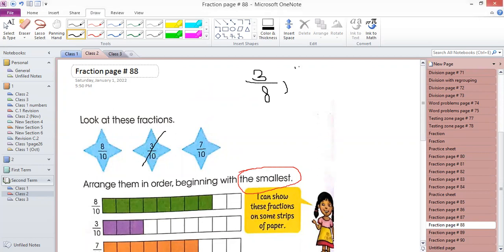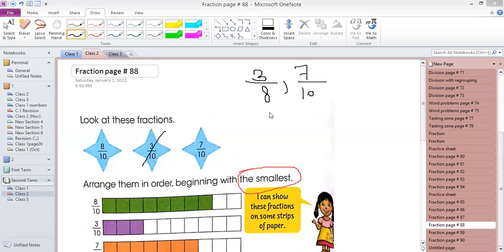Why 7/10? Because it is smaller than 8. 7 is smaller than 8. Very good. That's perfect, guys.